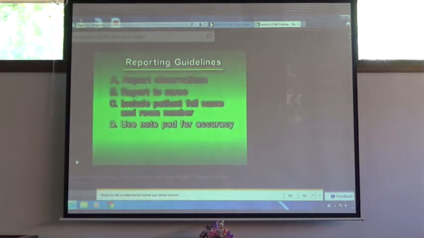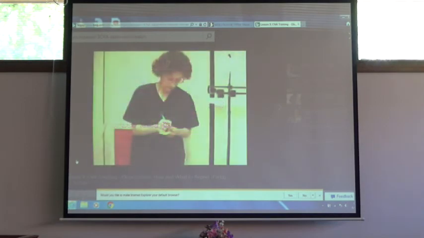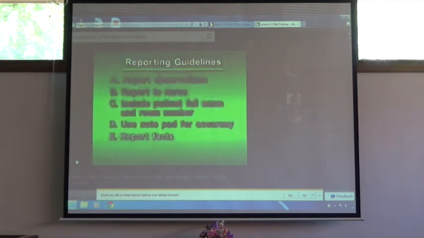Use a notepad so that the reporting is accurate. If you don't have a notepad, be certain to jot your observations down on just a piece of scrap paper. That would be fine too. Report only factual information. No opinions, no subjective reporting.